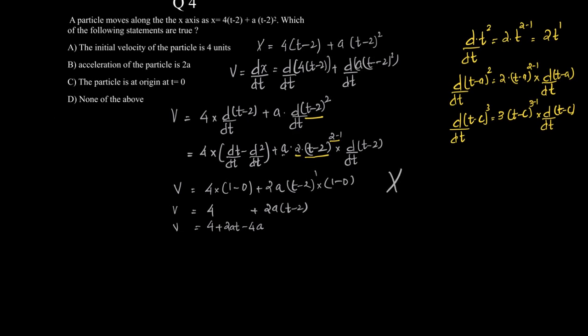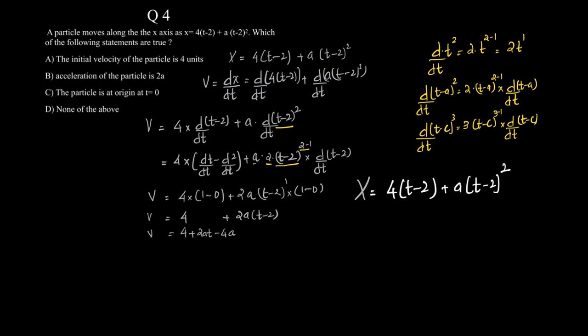Alright, so now let's write down the given equations once again. We have x is equal to 4 into t minus 2 plus a into t minus 2 the whole square. There is one option which says the particle is at origin at t is equal to 0.